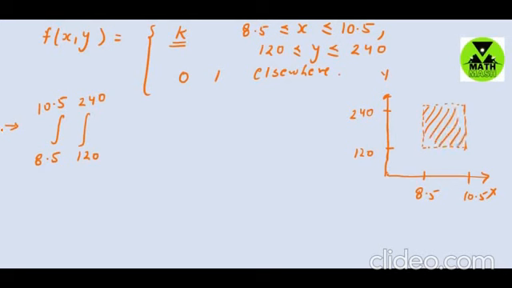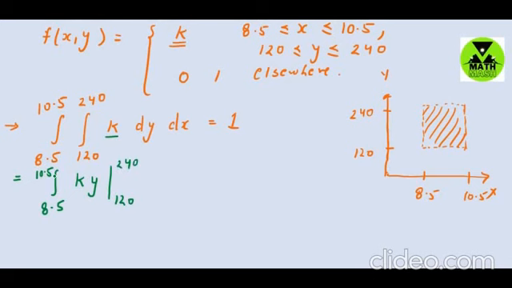So the function f of x comma y is k. First integrate with respect to y, then with respect to x, and this is equal to 1. Since k is a constant, the outer limit for x is 8.5 to 10.5, and first we integrate with respect to y. The integration of k with respect to y is simply ky, with limits 120 to 240, and then integrate with respect to x, which is equal to 1.